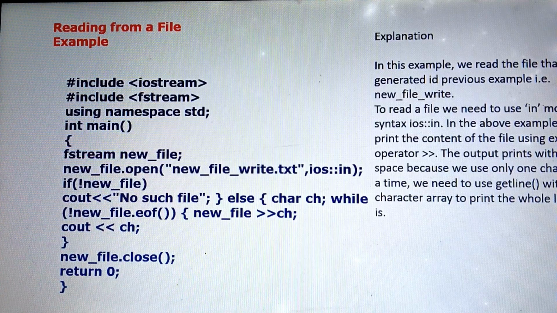Then we have to find out whether the file has reached end of file or not. Because there are a number of characters, we have to use a while loop. First we check whether it is end of file. If it is not end of file, we print the characters one by one. If it reaches the end of file, the loop will terminate.